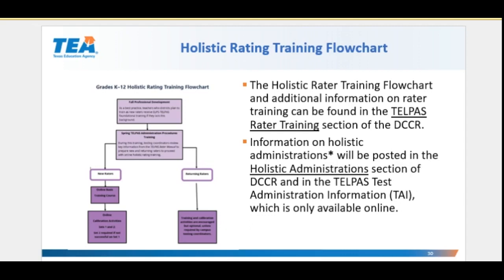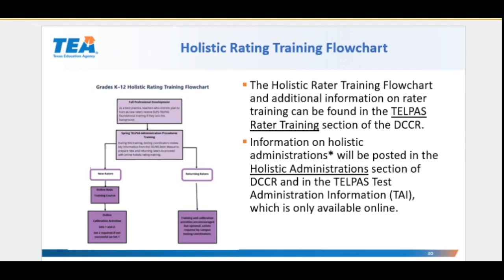There are 2 sets of calibration activities. For K through 1, each set contains 10 students. Each language domain is represented in each set. For 2 through 12 writing, each set contains 10 writing collections. For 2 through 12 listening and speaking, each set contains 3 listening and 3 speaking student profiles.